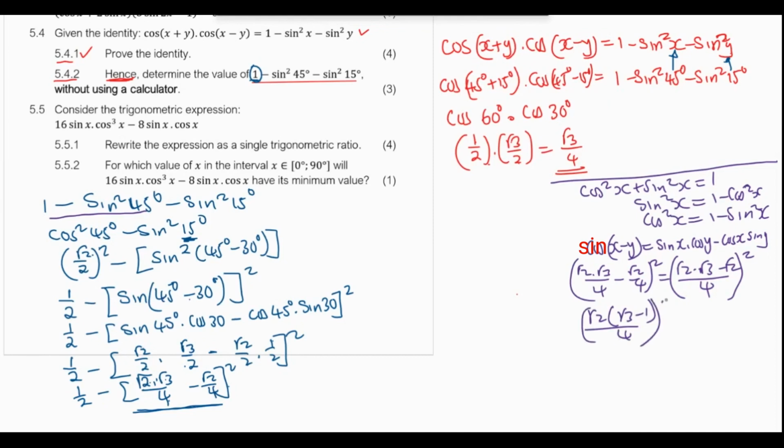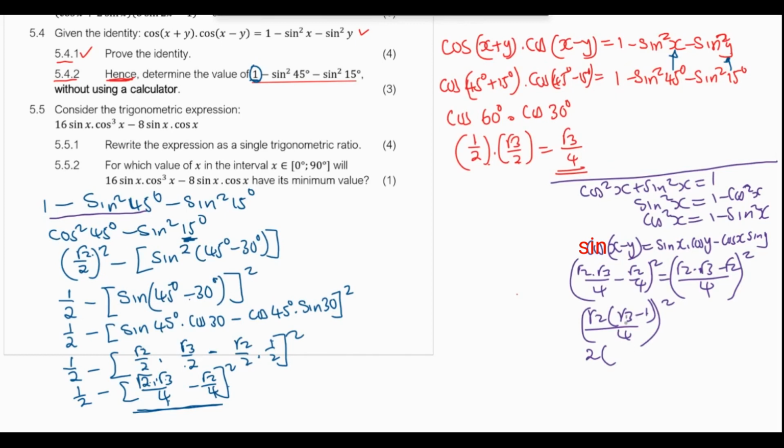All this squared. And then if we square the numerator, root 2 squared is 2, isn't it? And then root 3 minus 1 squared. Root 3 minus 1 squared should give you, we say root 3 squared is going to be 3 because it's like a square binomial.